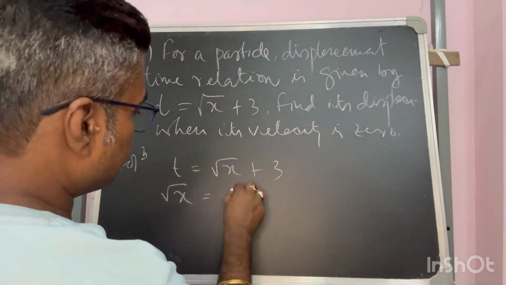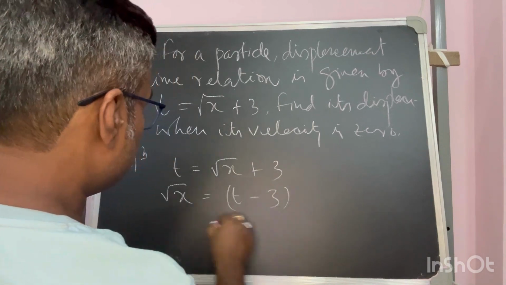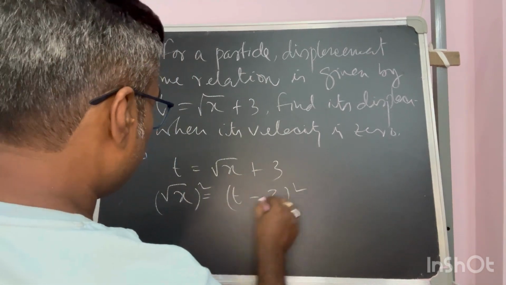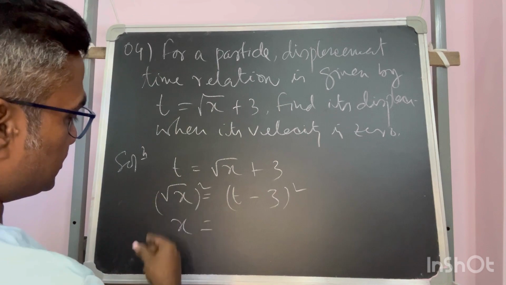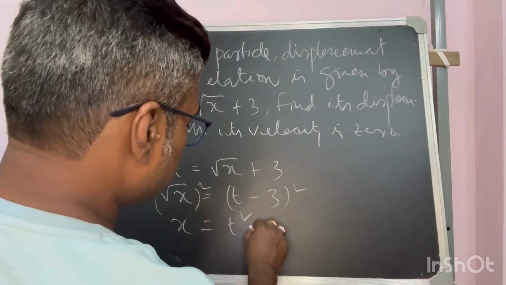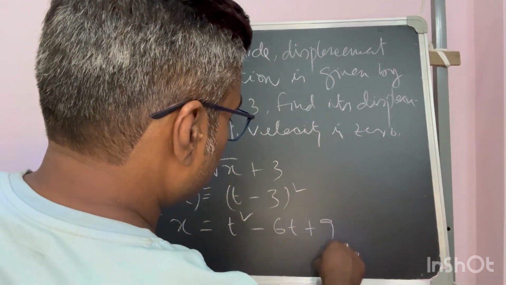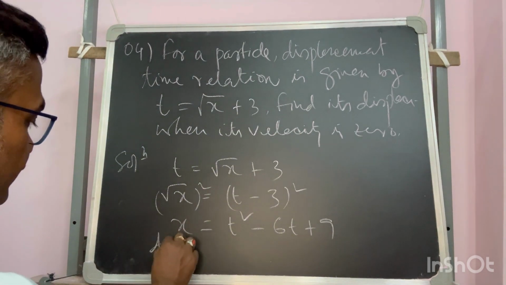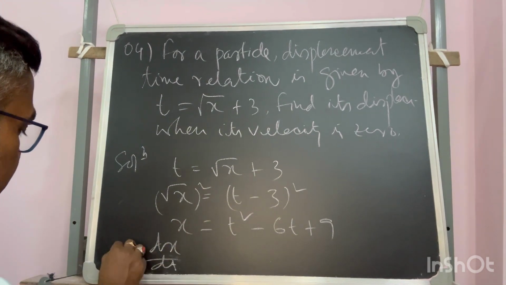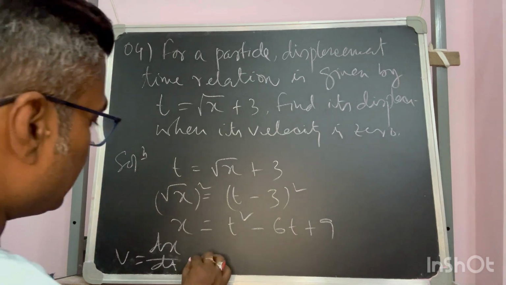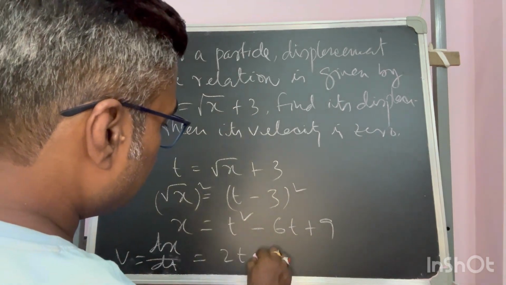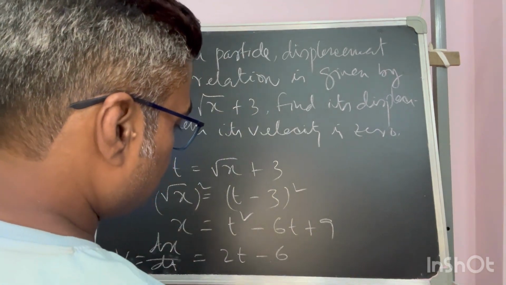So root x can be written as t minus 3. If I square both sides, x can be freed from the square root, and x is equal to (t minus 3) square. Now if I do dx by dt, that means if I want to calculate v, that will be 2t minus 6, and the constant is equal to 0.